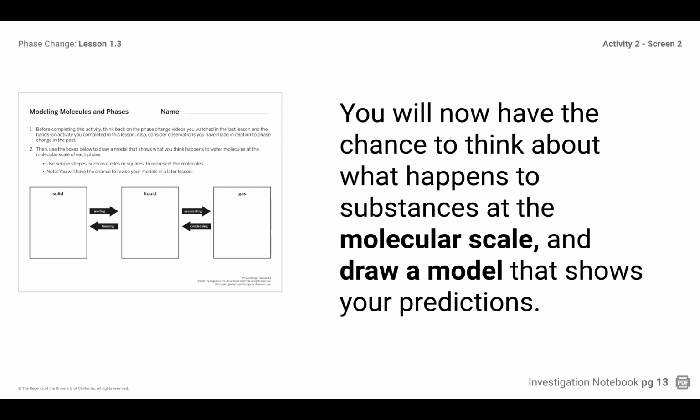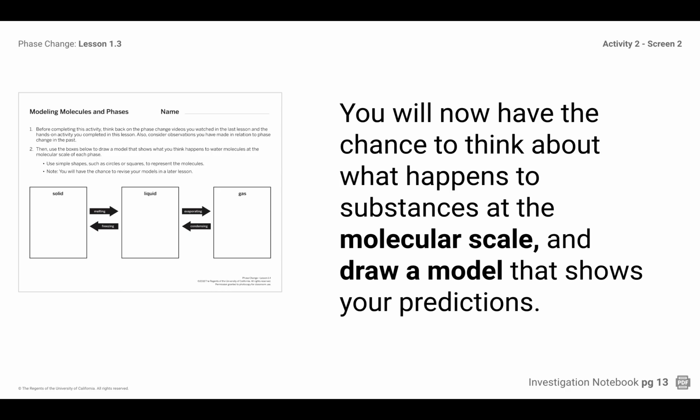So you've got a box there for a solid, a liquid, and a gas. I want you to use a small circle that represents a molecule. Let's put 5 molecules in the solid, 5 molecules in the liquid, and 5 molecules in the gas.